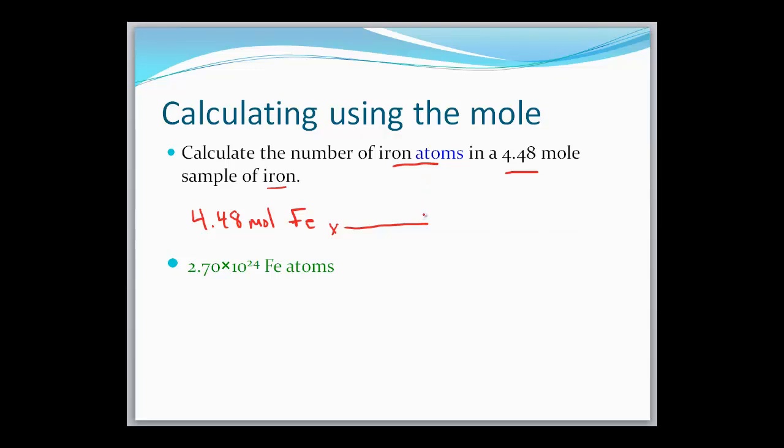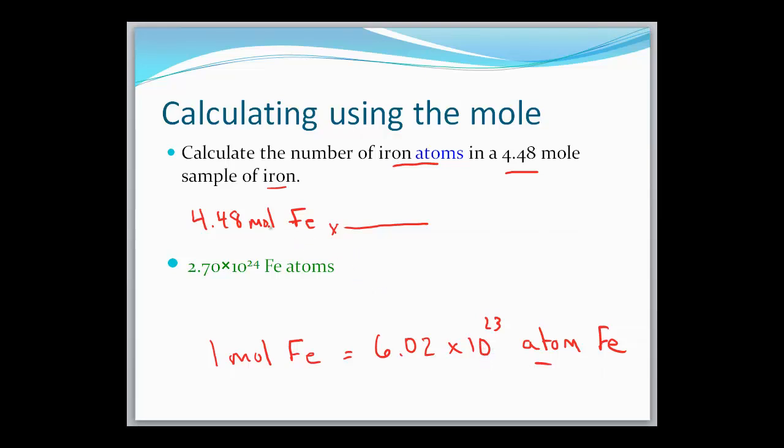The way we're going to do that is using the relationship 1 mole of anything, and in this case we're talking about 1 mole of iron, that's equal to 6.02 times 10 to the 23rd atoms of iron, because iron is an atom, it's not a molecule.